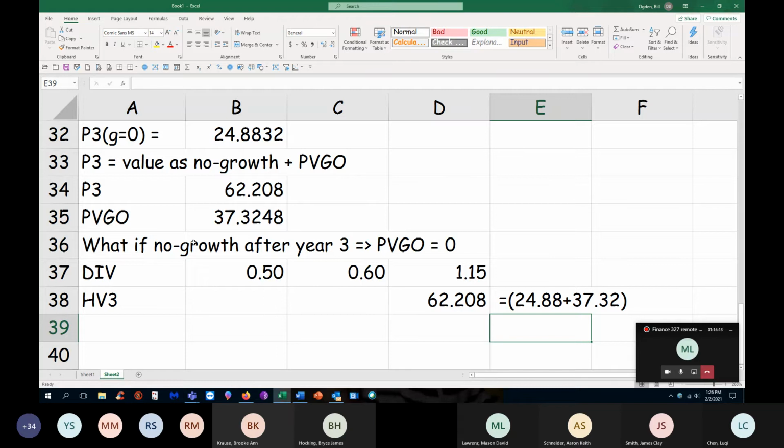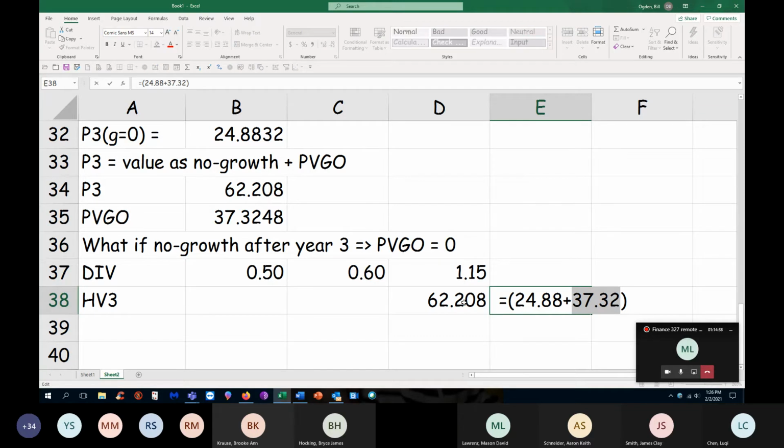Well, what will be different if PVGO is 0? Well, you can see that this PVGO was 3732. When I readjust the price for no growth after year 3, then this 3732 basically disappears, doesn't it? Right? So we can just eliminate this part.